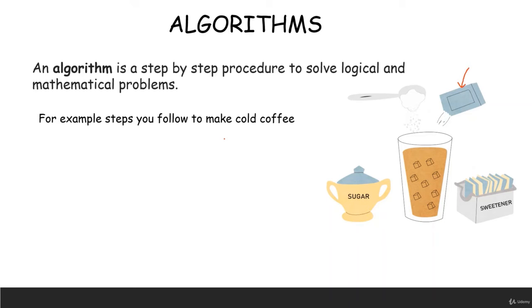Here you follow some steps to make cold coffee. Like you first will take a glass, then you will take milk, pour coffee powder in it, then pour sugar, add some sweeteners, mix it well, and at last add some ice cubes. Right? So what you do, you follow some steps, and this step-by-step procedure is called an algorithm.